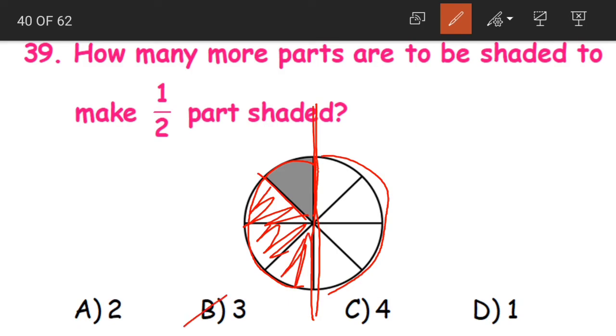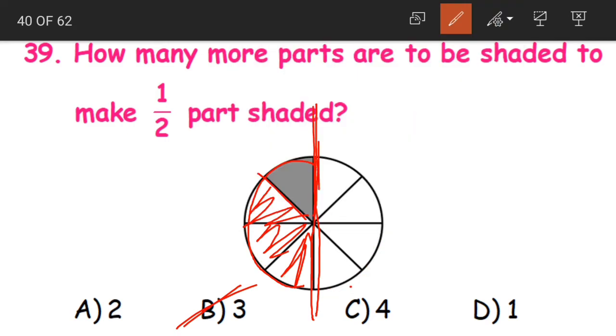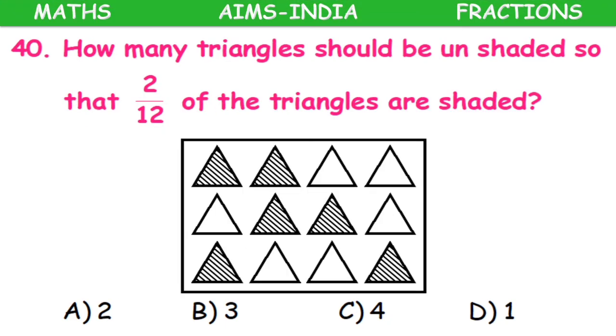We should shade 3 more parts to make this figure 1 by 2 shaded. Sometimes you just need to apply your logic. When we shade 3 parts here, we get our half fully shaded circle. So option B, 3, is our correct answer.